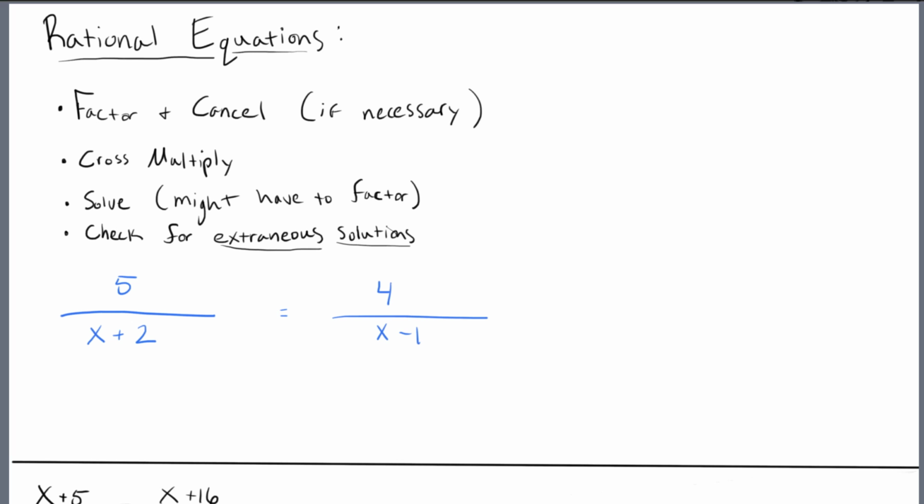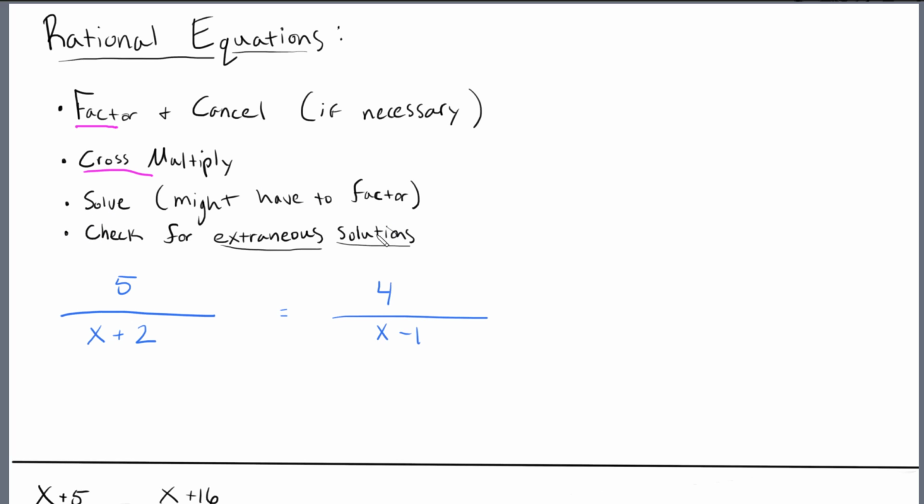So a few things to keep in mind here. Factoring is going to be a big help in both simplifying before we solve, while we solve, and after we solve. A lot of times we're going to look to cross multiply. That's something we've been doing since middle school.